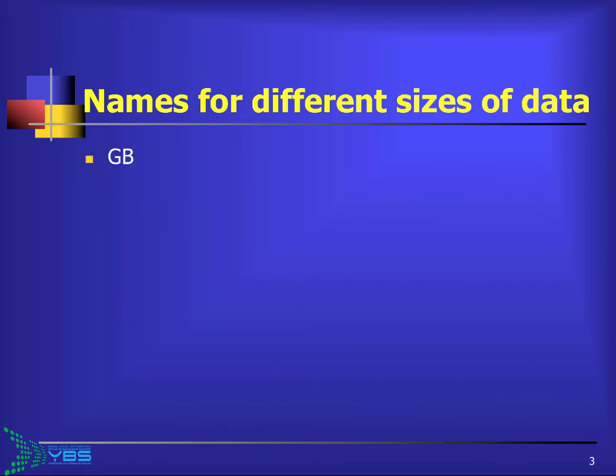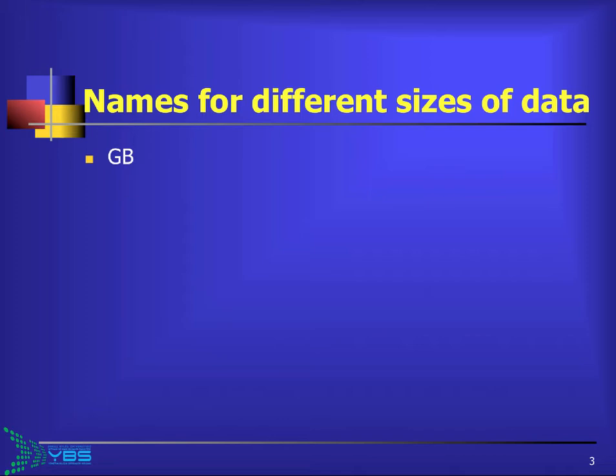A gigabyte, or GB, is a unit of data that equals 1,073,741,824 bytes, simply 2 power 30. This is equal to kilobytes cubed, 1024 power 3.